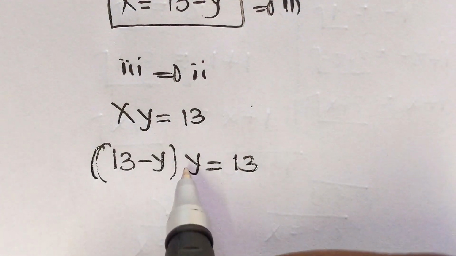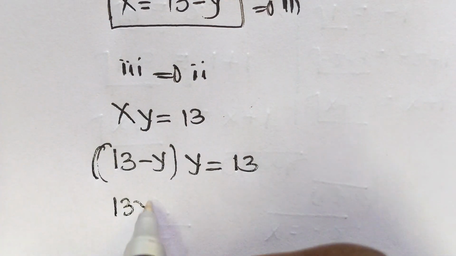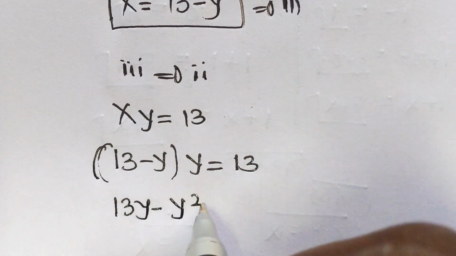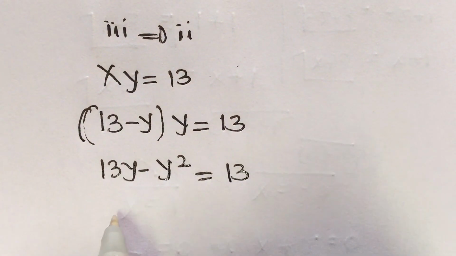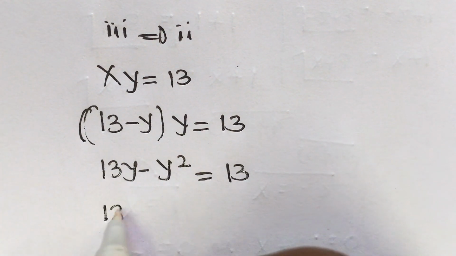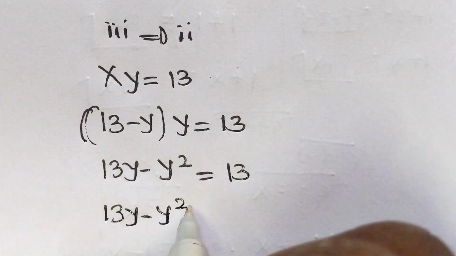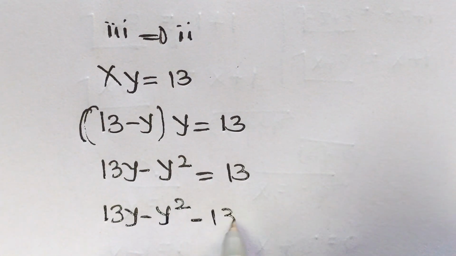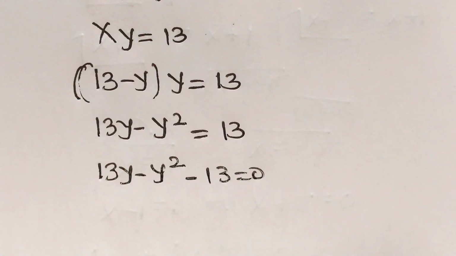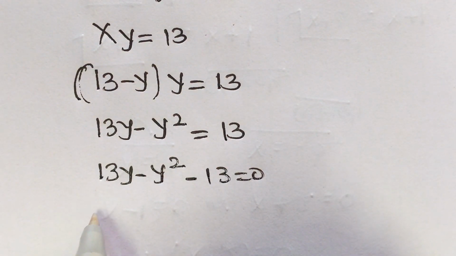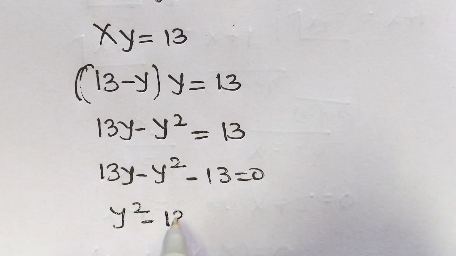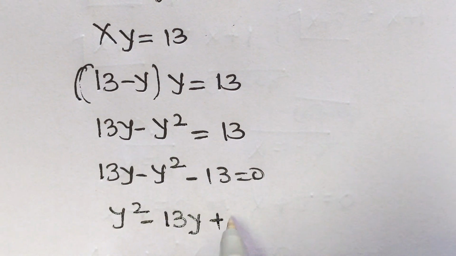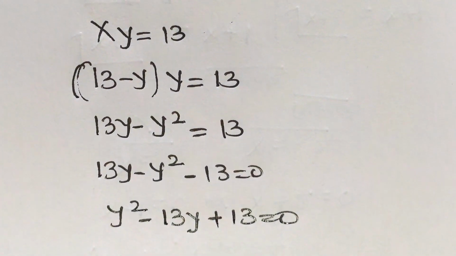Then y times 13 will be 13y minus y squared equals 13. Moving the 13 over gives negative 13, which is equal to 0, and by multiplication of negative 1 on both sides, we shall say y squared minus 13y plus 13 will be 0.